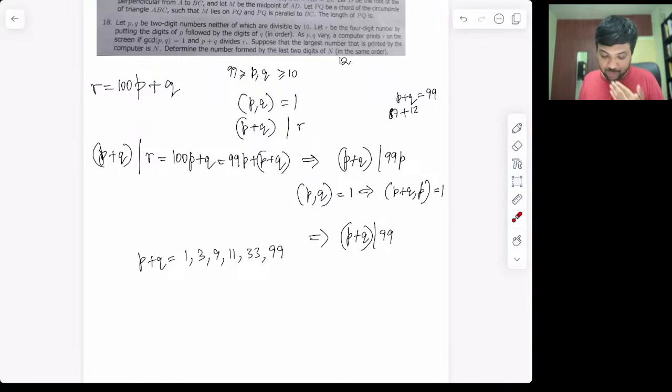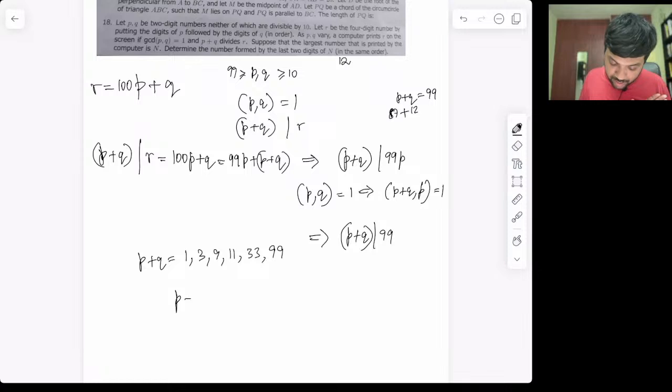That will work pretty well because 99's next largest possibility is 33. If p plus q is 33, p can only be less than 33, because when you sum up it should be 33, and it should be a 2-digit number. So if you could choose p plus q to be 99 and p bigger than 33, we are done. It has to be the largest.